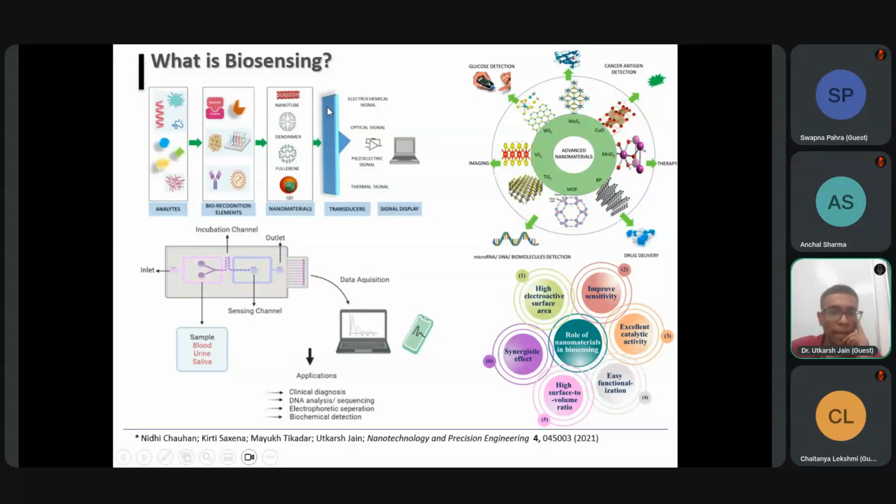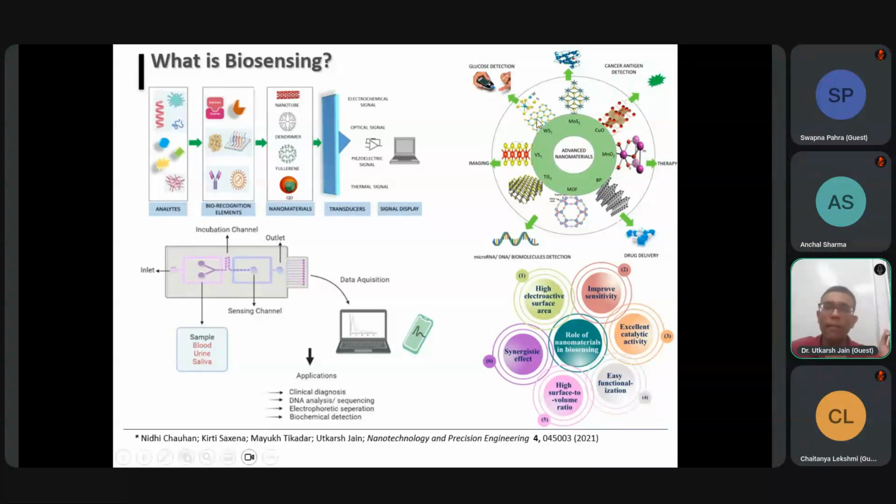Once the biorecognition element binds on the electrode and gives an electrochemical response, but the response is not effective, then I need to use nanomaterials to enhance the signal. And that signal should be a detectable signal.